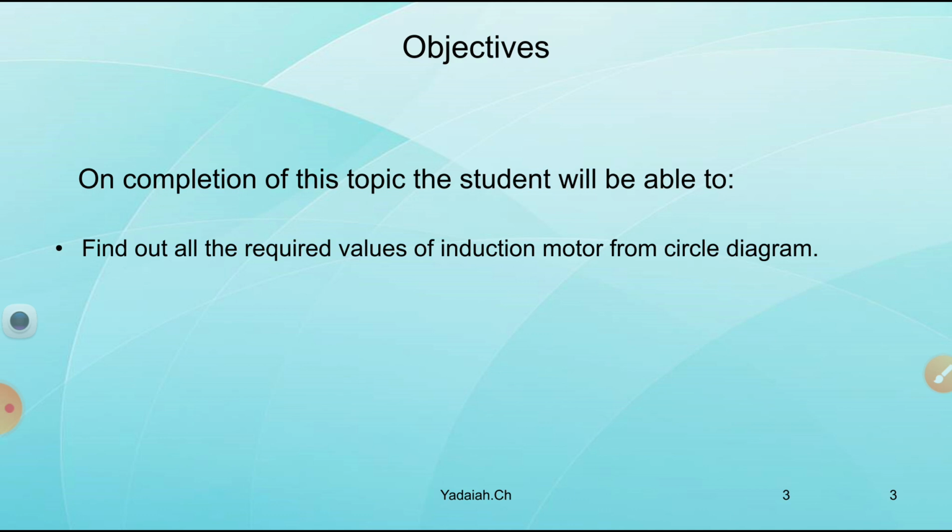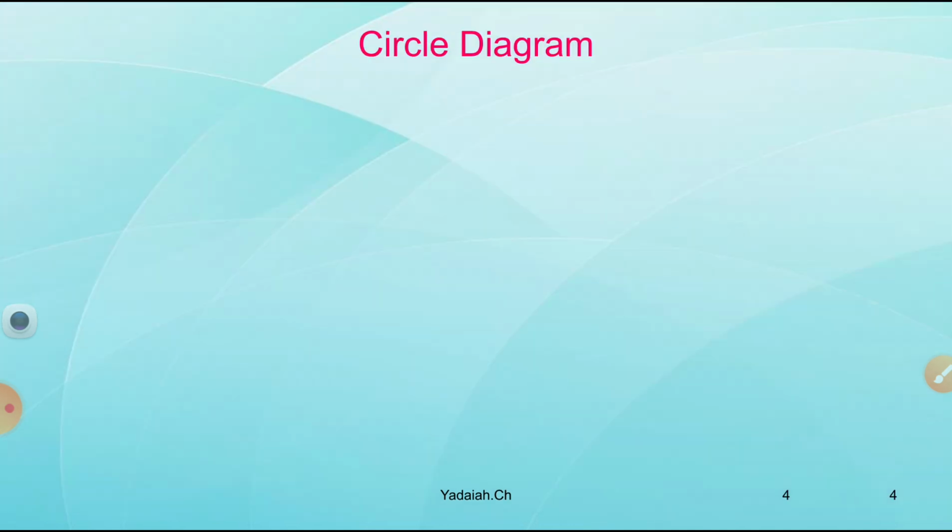After drawing the circle diagram, you have to find the maximum torque, the slip, the efficiency, the rotor copper losses, the stator copper losses, and the constant losses.